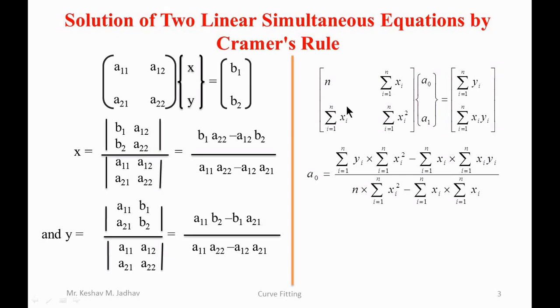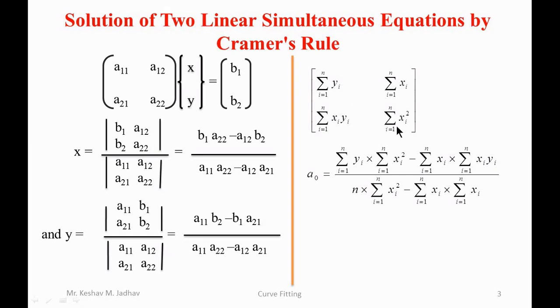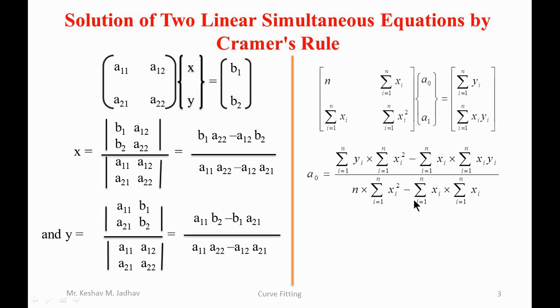Its determinant is summation of yi into summation of xi square minus summation of xi into summation of xi yi. At the denominator we take the determinant of the coefficient matrix. So this is the coefficient matrix, and its determinant will be n into summation of xi square minus summation of xi into summation of xi.